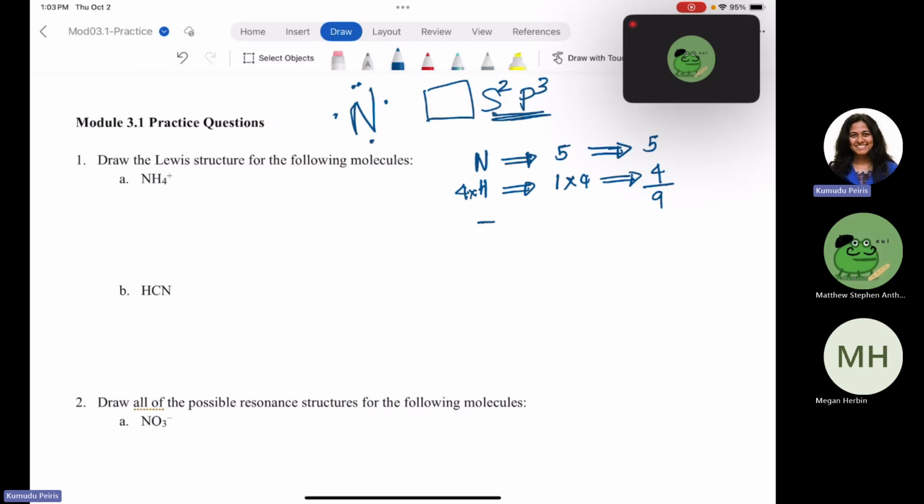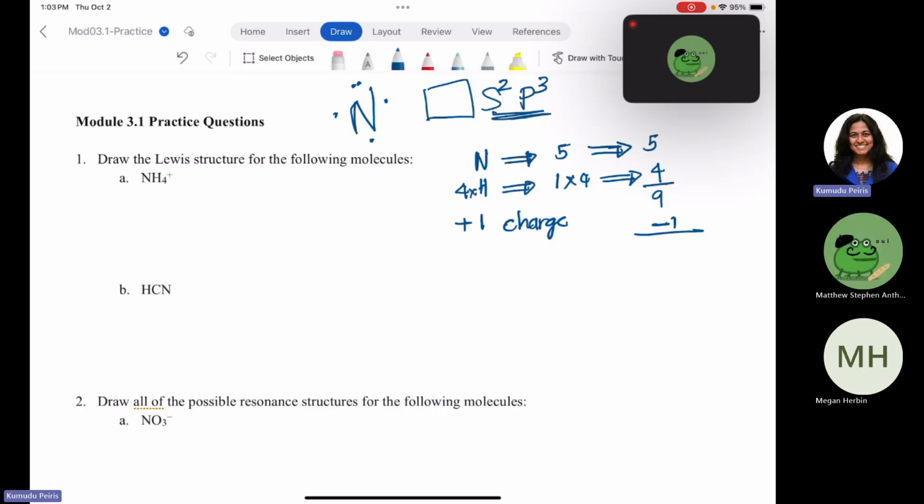But there is a plus 1 charge, so I have to remove 1.